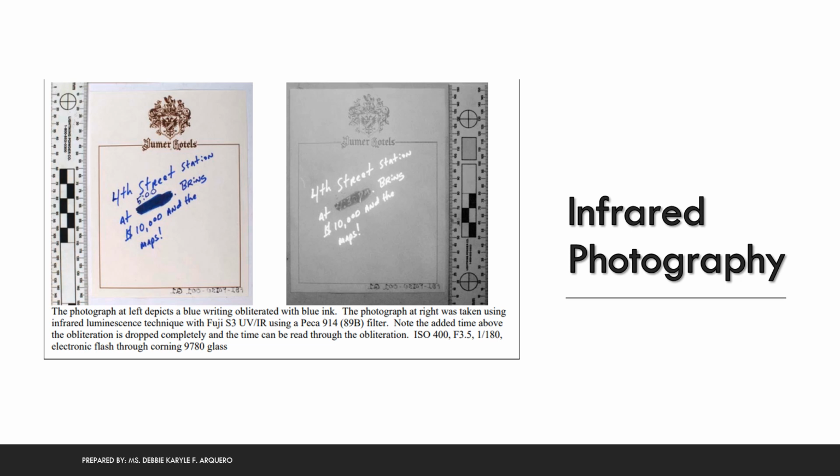So again, infrared photography is very useful if the subject is dark and located in a dark environment. This is usually employed in questioned document examination, in documenting or photographing falsified documents.